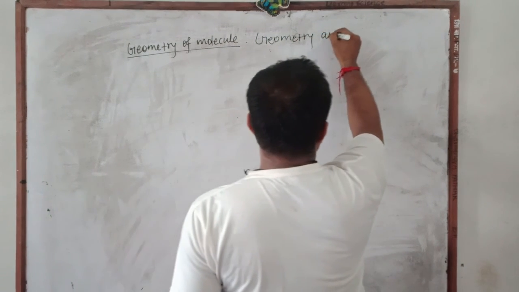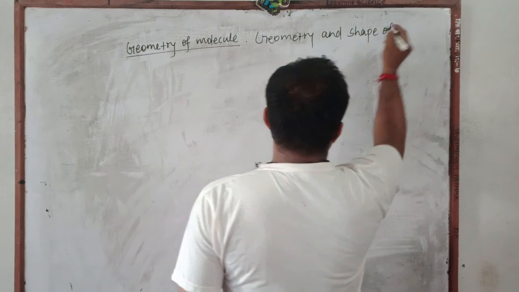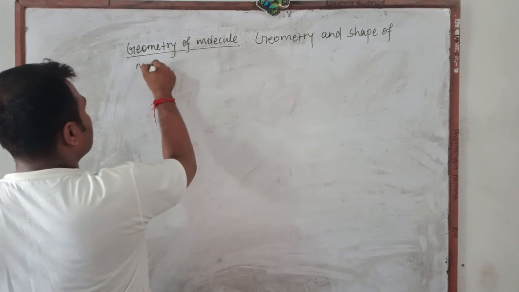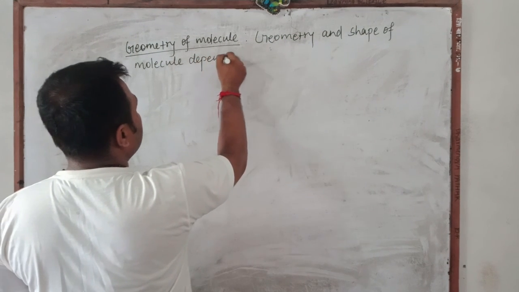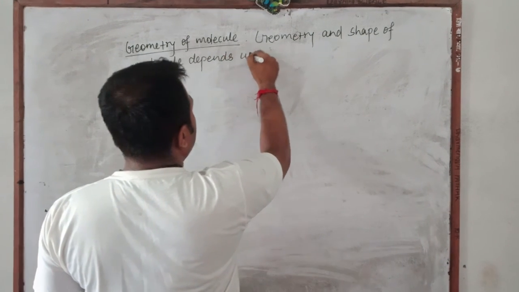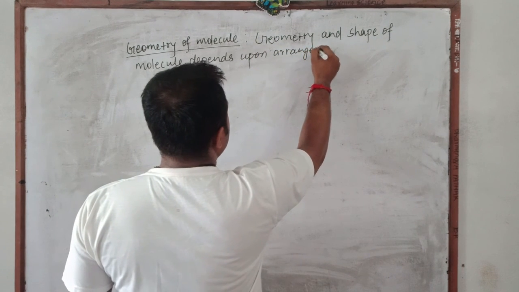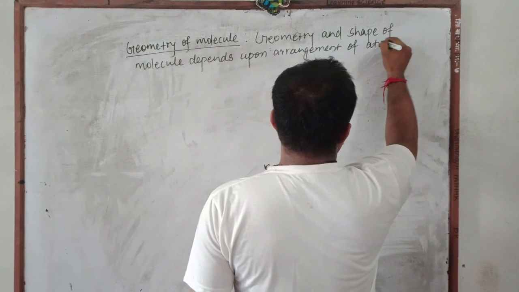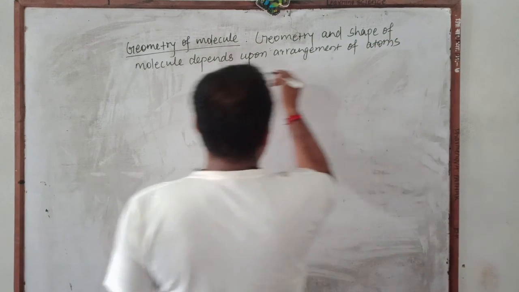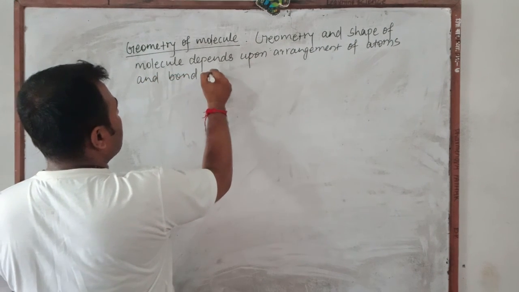Geometry and shape of a molecule depend upon the arrangement of atoms and bond angle.